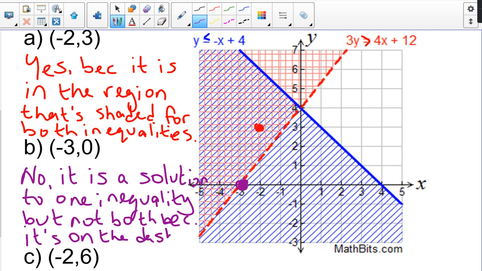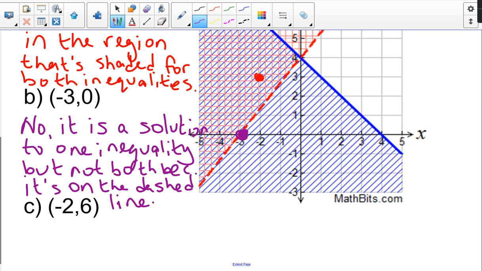So you could write something like, it's in the shaded region for one, so it solves one. It's on the dashed line for the other, so it doesn't solve that one, okay? However, I just chose to write it this way. There are other ways you can express it, but that is why it's a solution to the blue and not to the red.